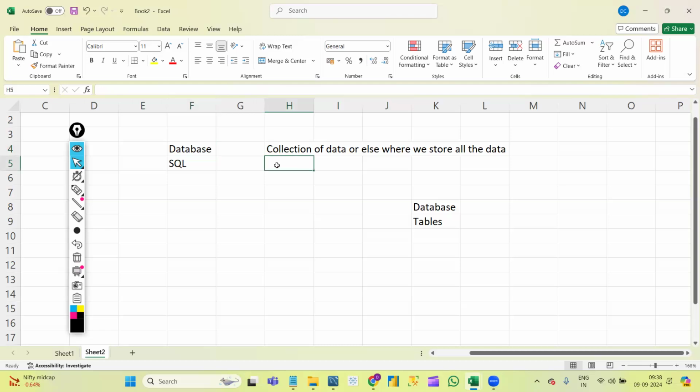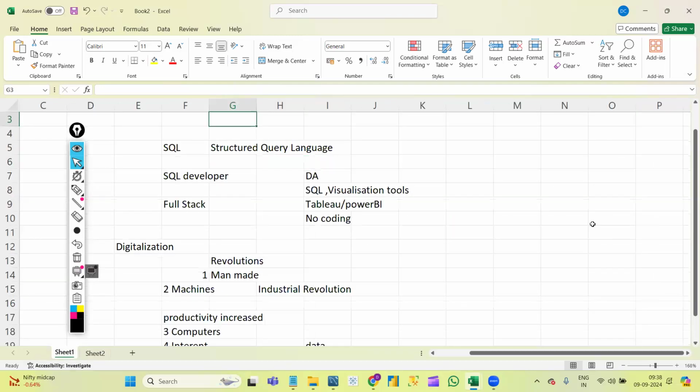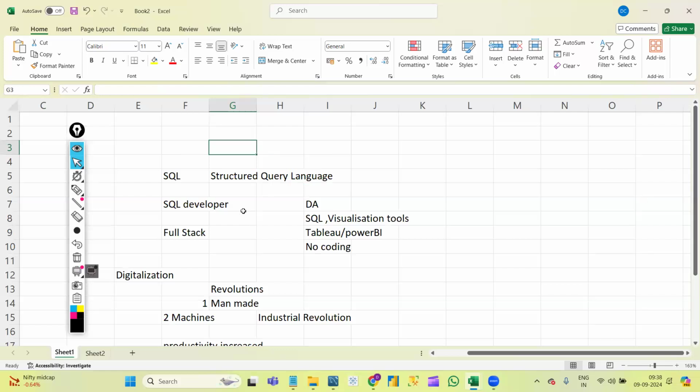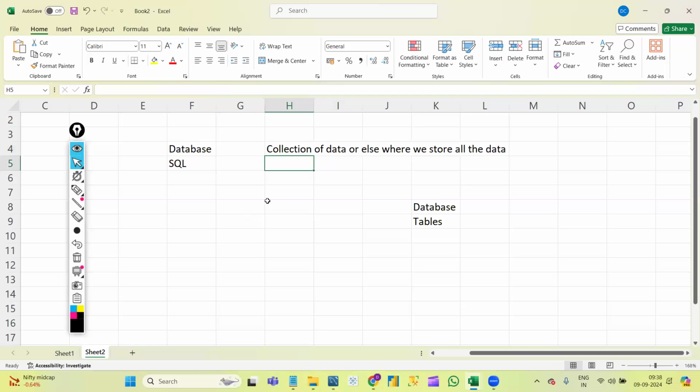As I said in the first sheet, SQL stands for Structured Query Language. This is the full form of SQL. But if you want the technical definition of what SQL exactly is, I will say SQL is a language which is used to communicate with the database.